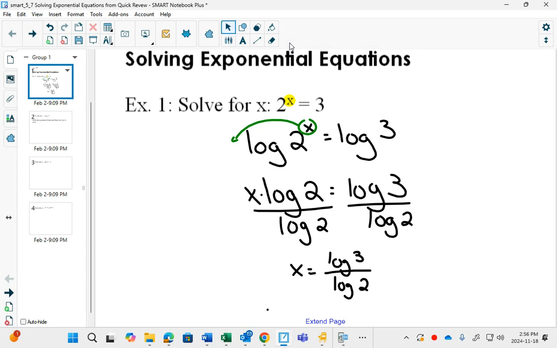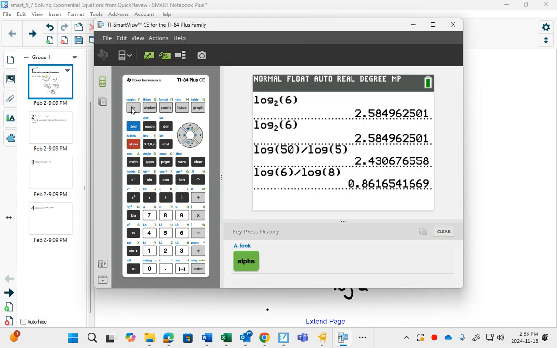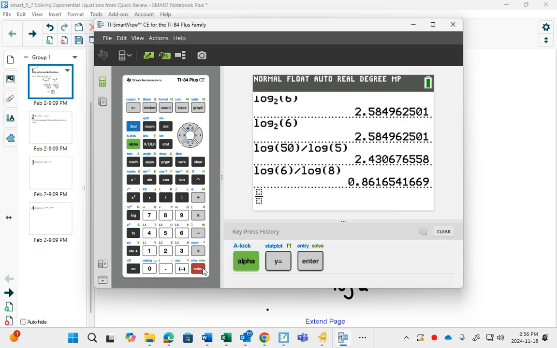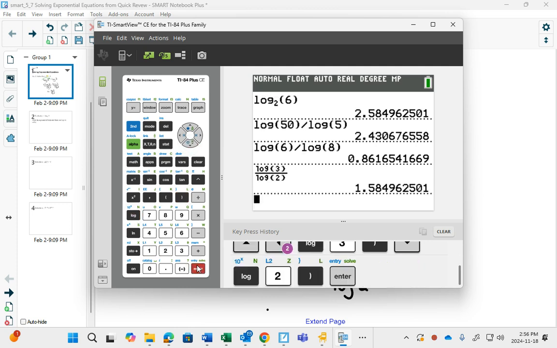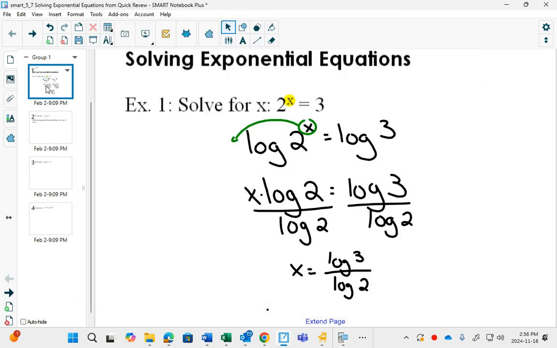So we go to our calculator and use the fraction button if you want. Log of 3 divided by log of 2. And push enter and get 1.585, answers to 3 decimal places.